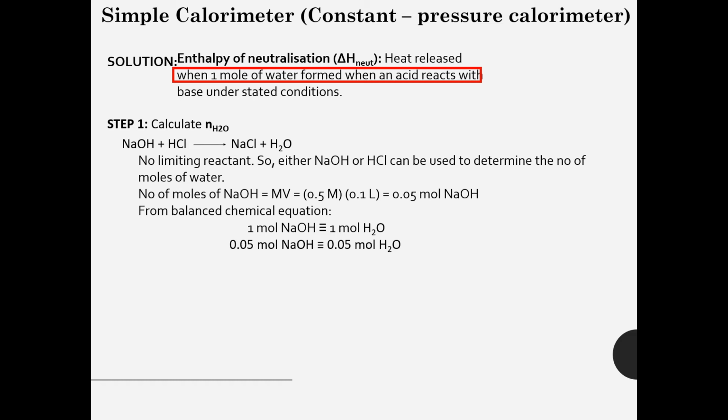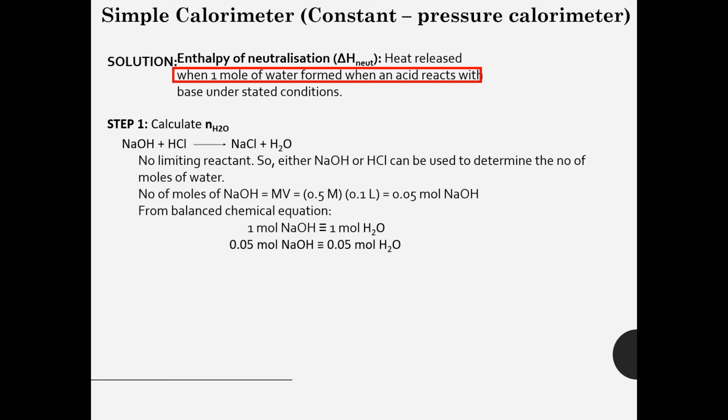We just use the formula MV to calculate the number of moles of NaOH as 0.05 mole. Then from the balanced chemical equation, we know that 1 mole of NaOH is equivalent to 1 mole of water formed. So 0.05 moles of NaOH is equivalent to 0.05 moles of water, which is formed in this neutralization reaction. Then we can move on to the second step.